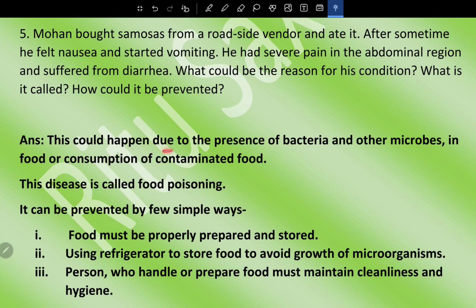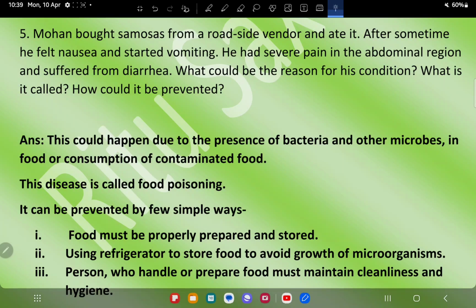Answer: this could happen due to the presence of bacteria and other microbes in food or consumption of contaminated food. This disease is called food poisoning. It can be prevented in a few simple ways, like food must be properly prepared and stored, using a refrigerator to store food to avoid growth of microorganisms. Persons who handle or prepare food must maintain cleanliness and hygiene.